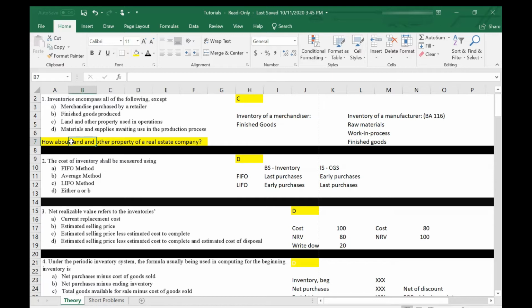Kapag average method, it depends pa if you're using perpetual or periodic inventory system. If it's periodic inventory system, mas madali because you're going to get the parang weighted average cost, right? Unit cost. But if it's perpetual, it's quite more difficult to a certain extent because we're computing the moving average.